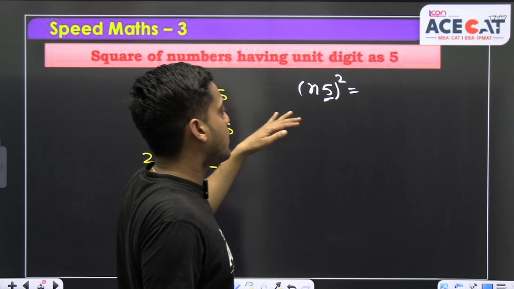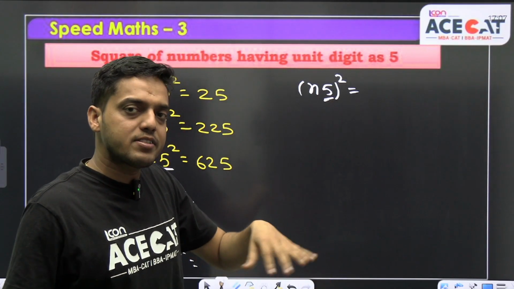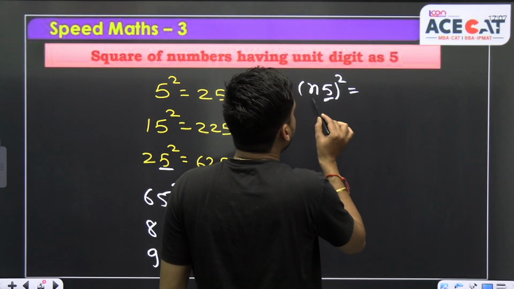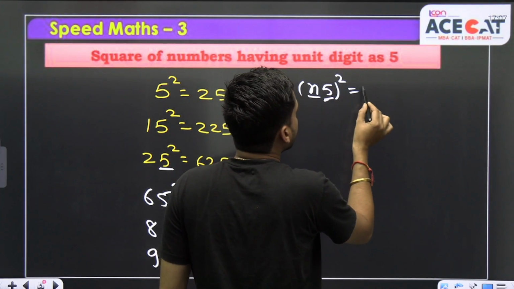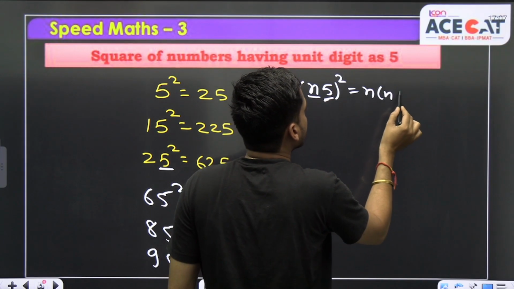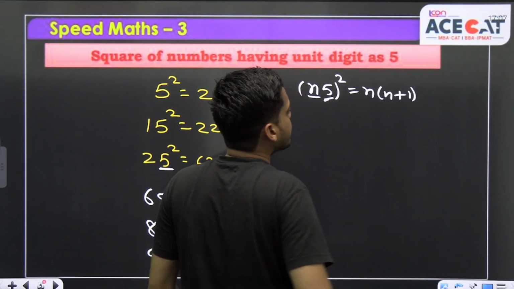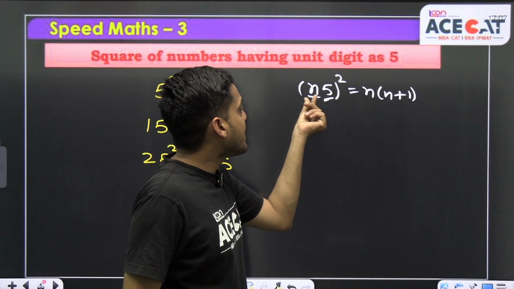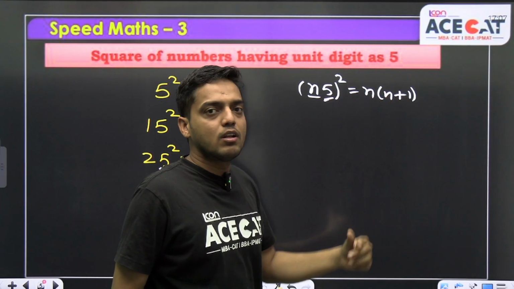I'm explaining the short trick first, then I will let you know the basics behind this. You need to do nothing but multiply n with n plus 1. n into n plus 1 means n into the next number. For example, if you have 6 here, multiply 6 with 6 plus 1, that means 6 sevens.